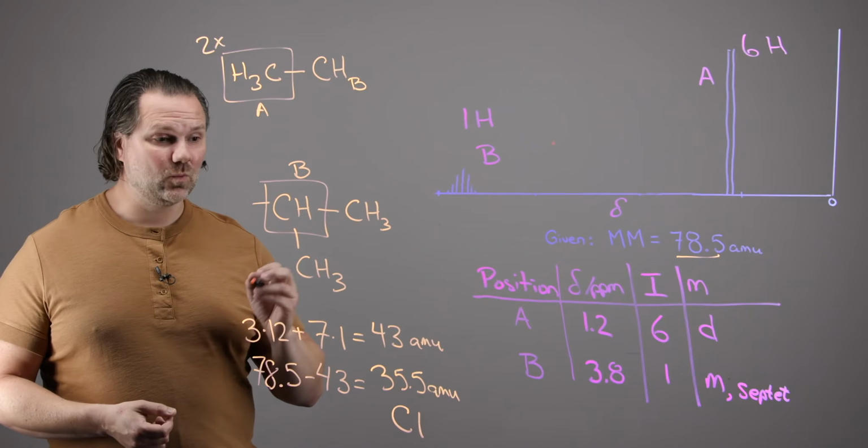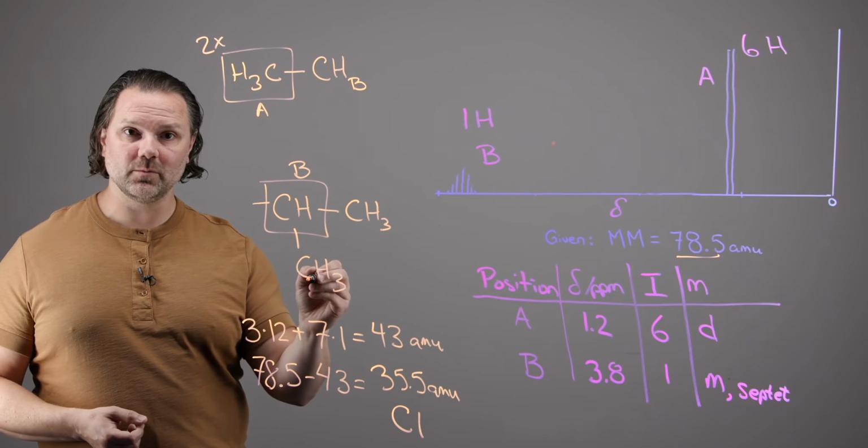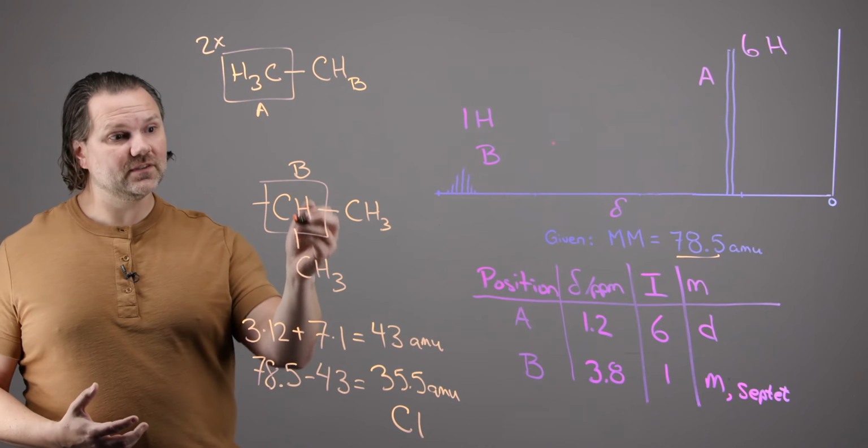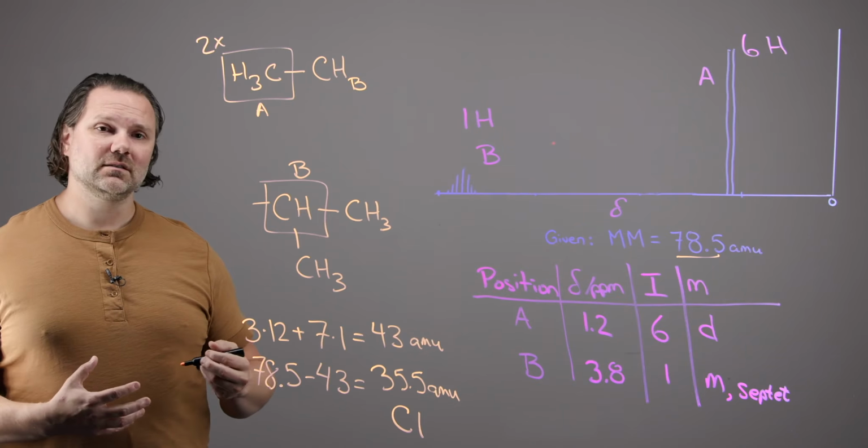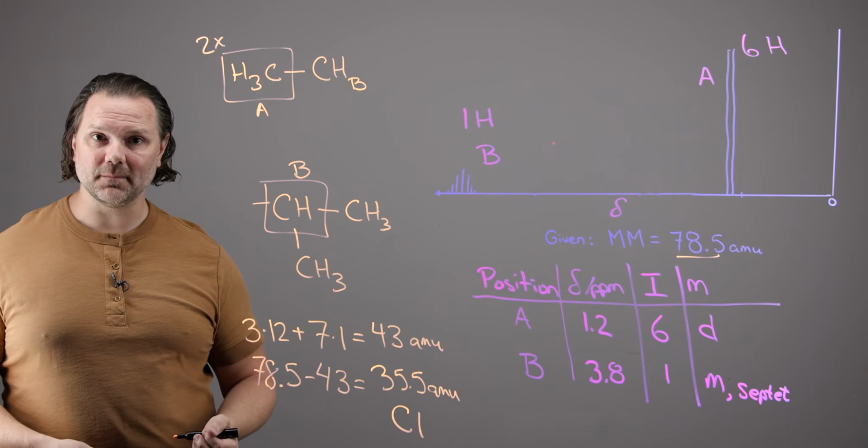Okay, we recognize that a CH3 group, if it's attached to another alkyl group, should generally show up around 0.9 ppm.